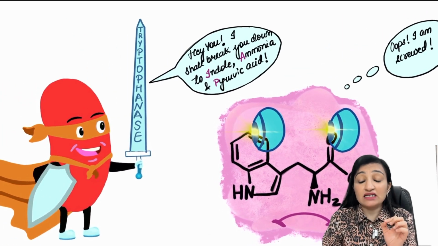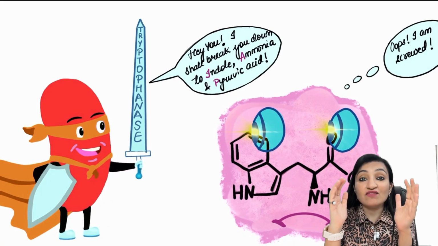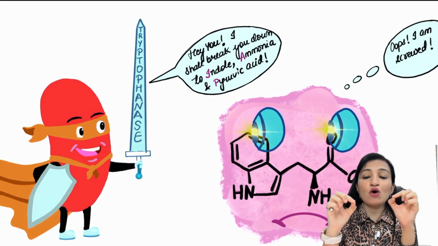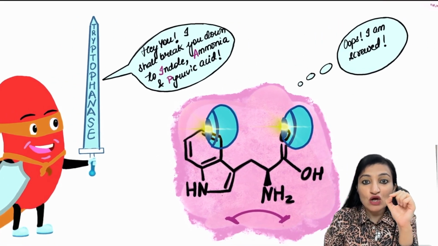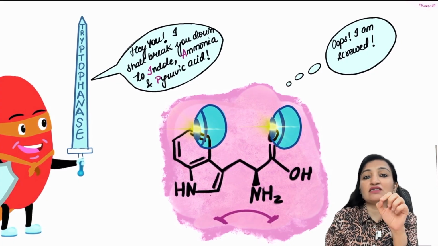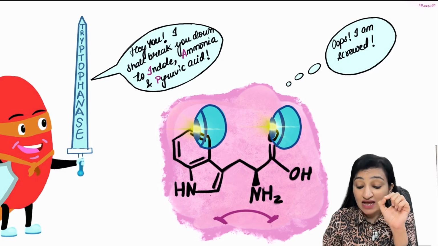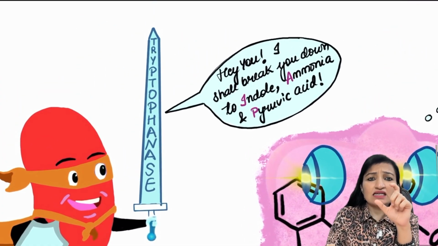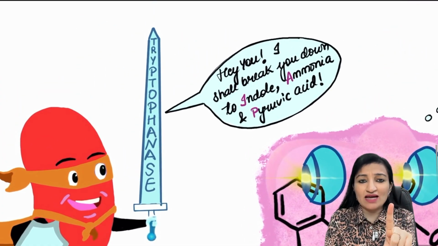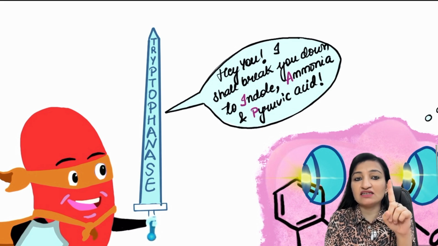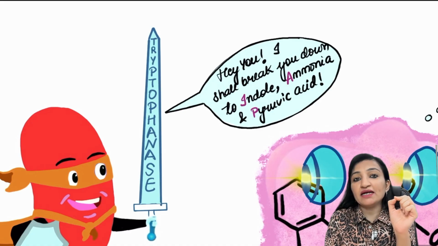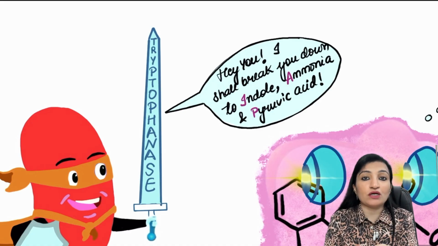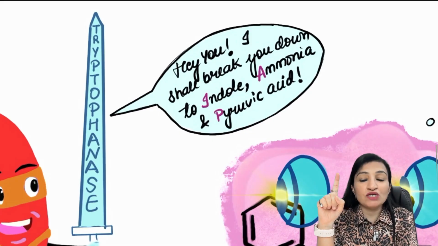Because this bacterium has the ability to chop off this substance with the help of what is known as tryptophanase. So this pinkish structure is nothing but the amino acid tryptophan, and this lethal weapon, tryptophanase, possessed by this gram-negative rod, as the name implies, is going to ruthlessly, mercilessly break down tryptophan into three important components, namely indole, ammonia, and pyruvic acid.